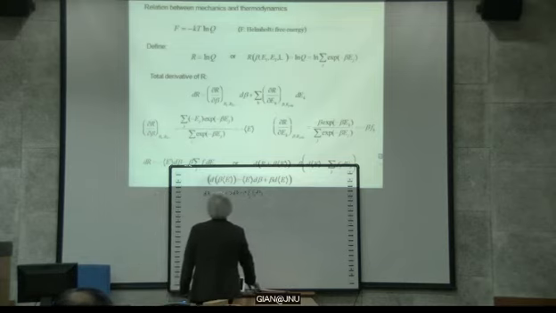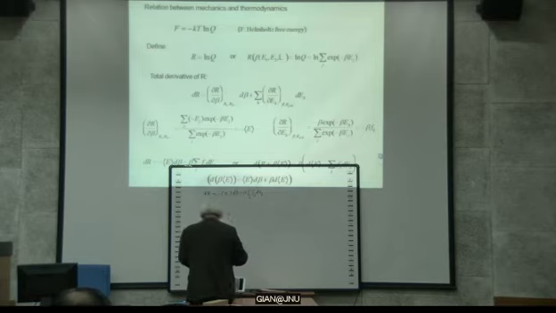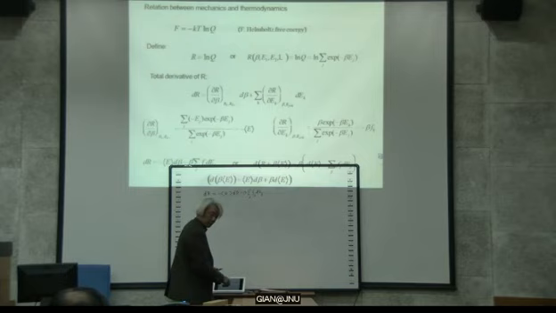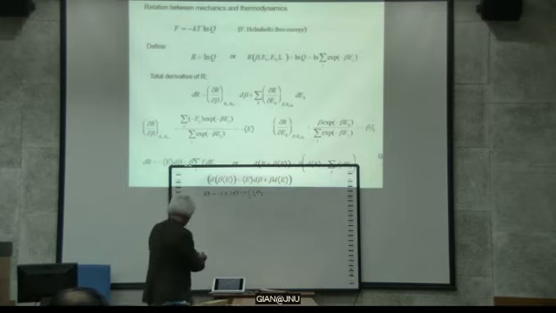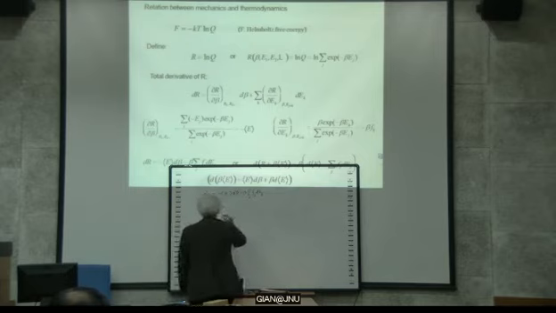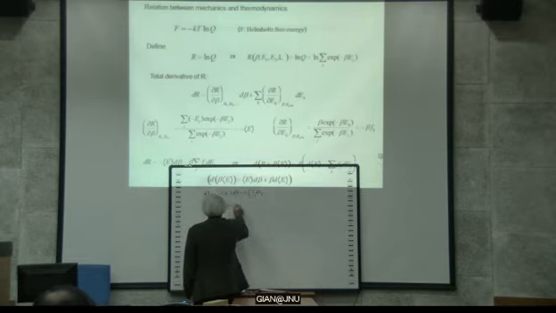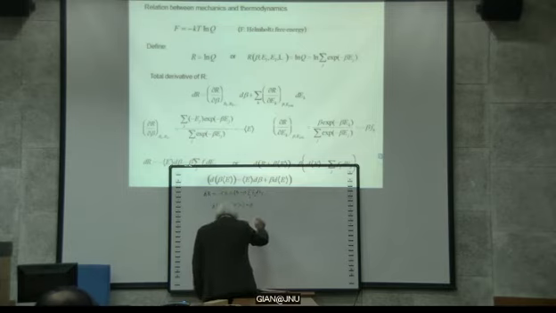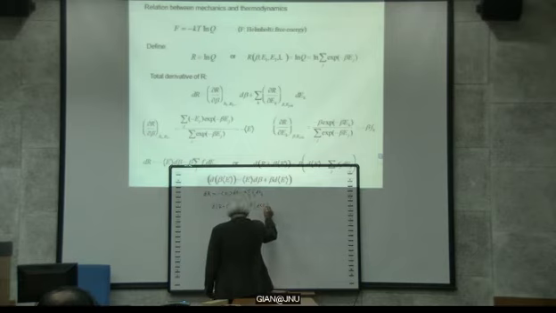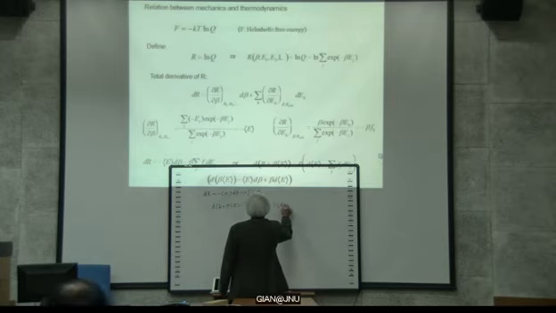Then it becomes R plus beta E equals beta VE minus FJ VEJ.